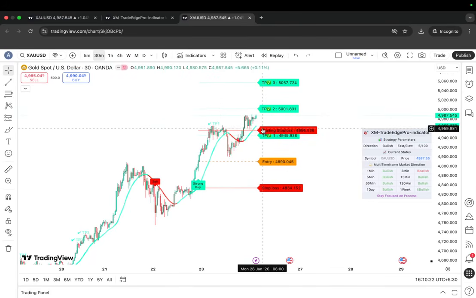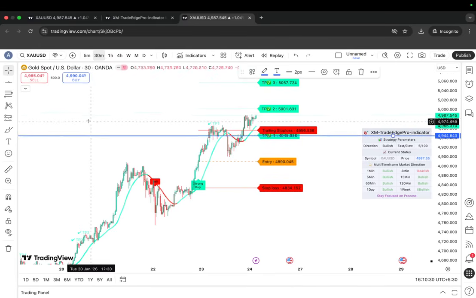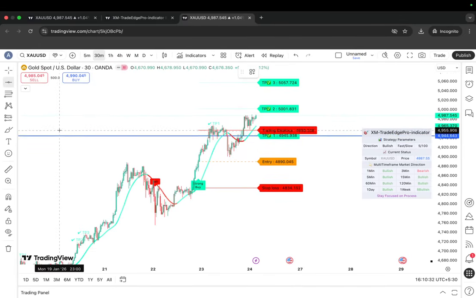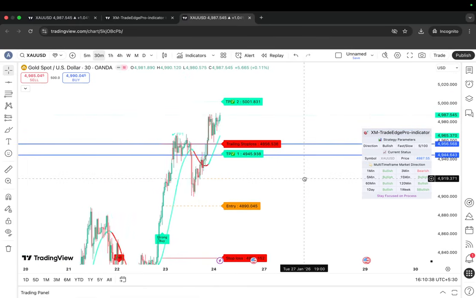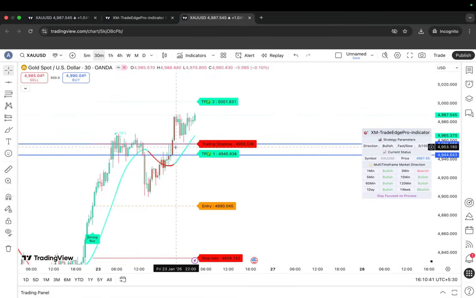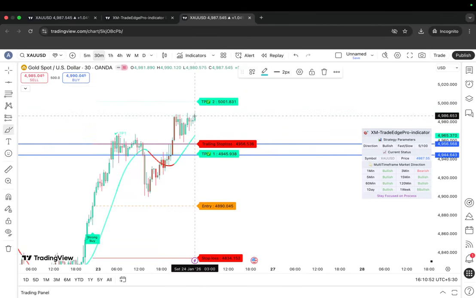Let's suppose the trailing stop loss is above. Let me draw the line to help you understand in a better way. So this is our TP1 and this is our trailing stop loss. Right now the trailing stop loss is above TP1. It means we have to let our profit run until the price comes back to the trailing stop loss. Let me draw this. If the price goes down and hits our trailing stop loss, we have to exit the position.